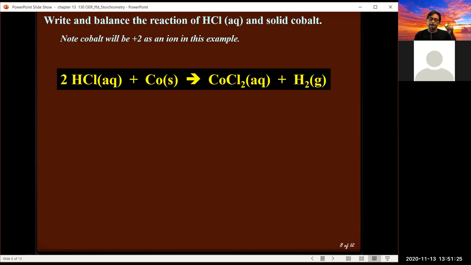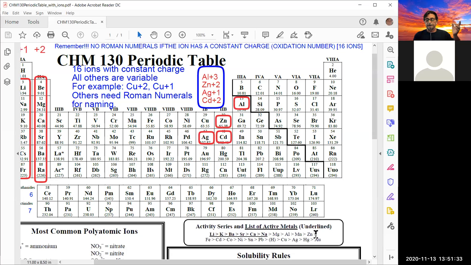So if instead of cobalt we were reacting with copper, let's say HCl and copper, guess what? It wouldn't react because hydrogen is more reactive than copper, and hydrogen is already in ionic form, which is H plus.